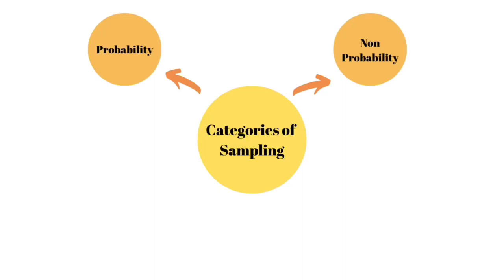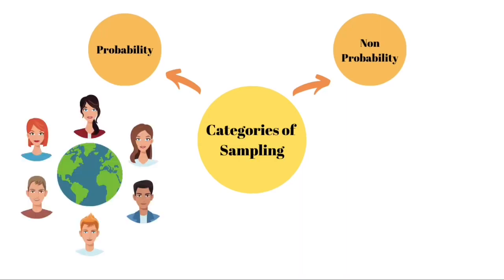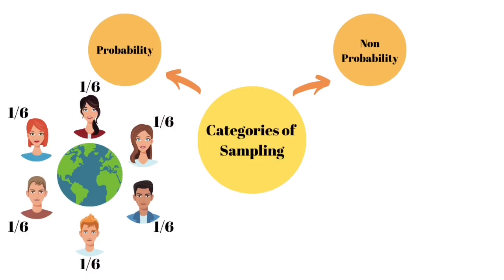So if I was recruiting 50 participants for my research on procrastination at school, everyone would have a 1 out of 255 chance of getting selected for the research. If these 6 students were part of my target population, they would each have a 1 out of 6 chance of getting selected for my research.